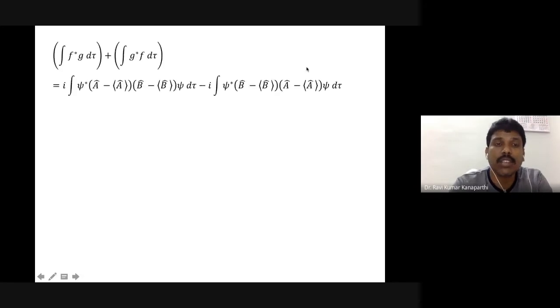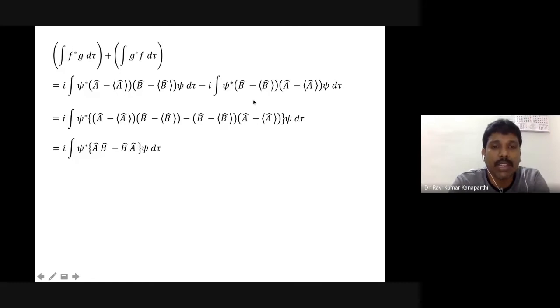That summation is nothing but i ∫ ψ*(A − ⟨A⟩)(B − ⟨B⟩)ψ dτ minus ∫ ψ*(B − ⟨B⟩)(A − ⟨A⟩)ψ, where the brackets mean the expectation value of B multiplied by A minus the expectation value of A. Now you can see that in both integral terms we have i, so you can take i out as a common factor and write it in this fashion.